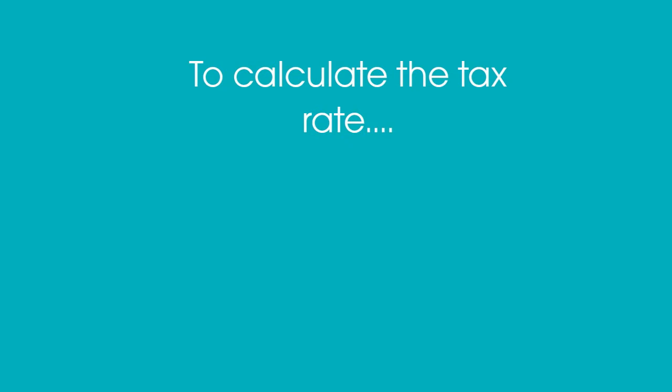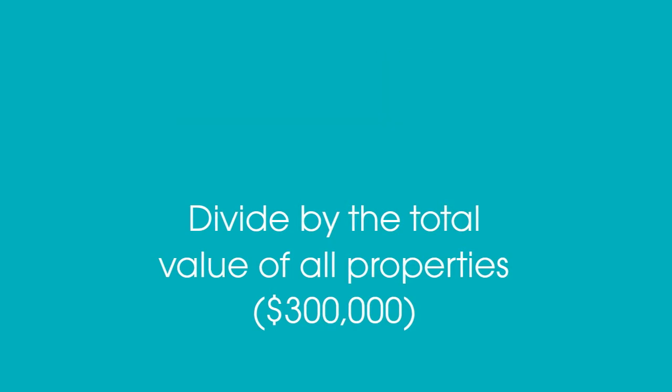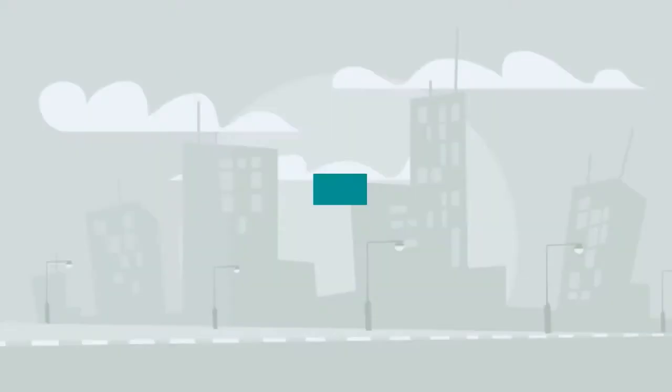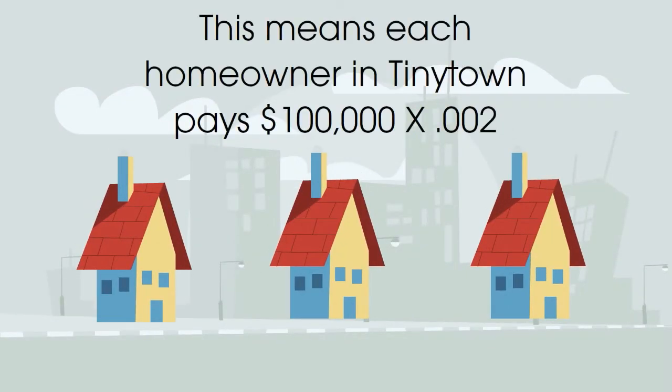That means that the tax rate must be set at $600 divided by the total values of all properties, which equals 0.002. That means each property owner pays $100,000 times 0.002, which equals $200 each. Each property pays their share of taxes based on their assessed value.